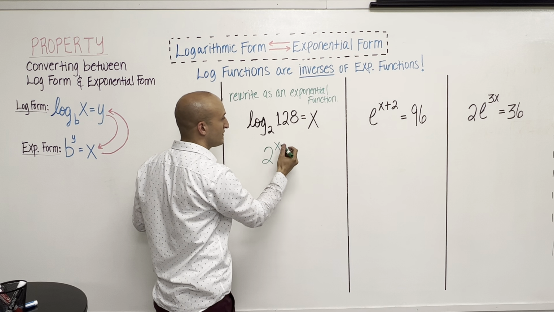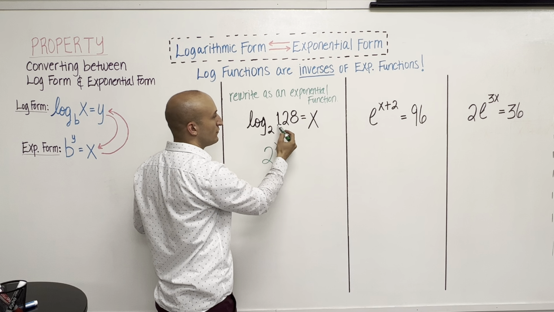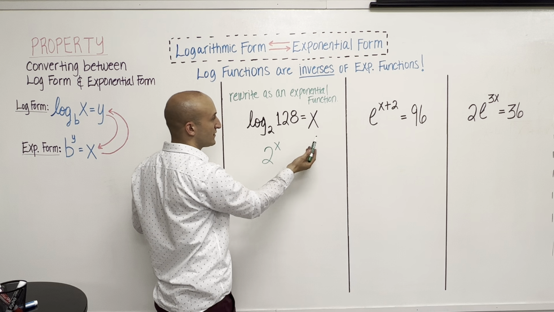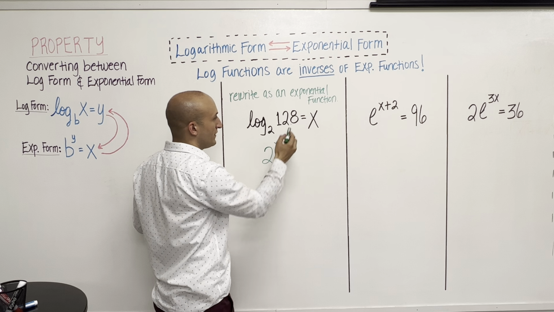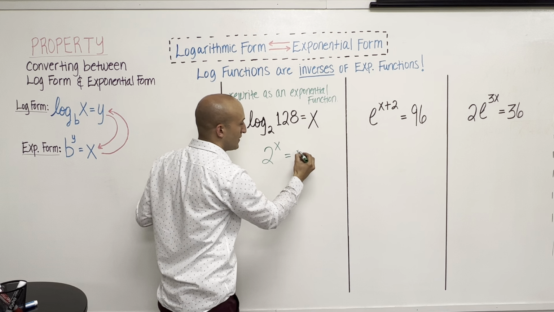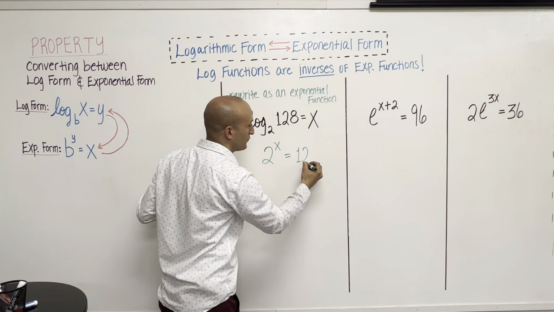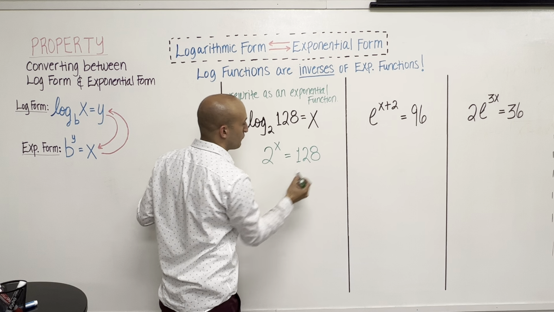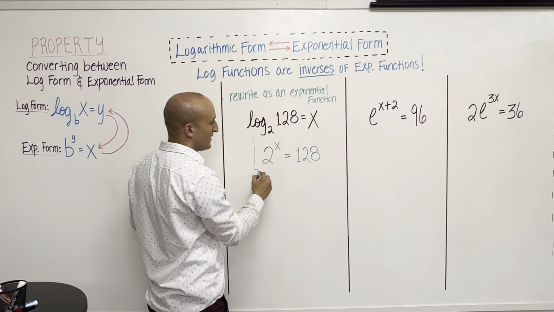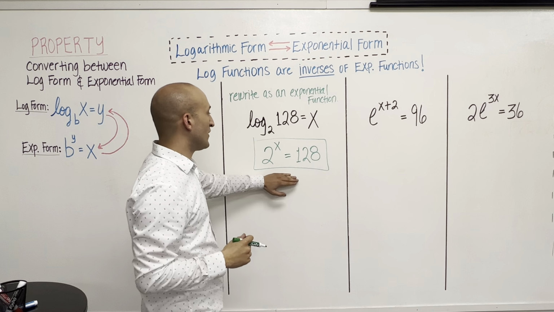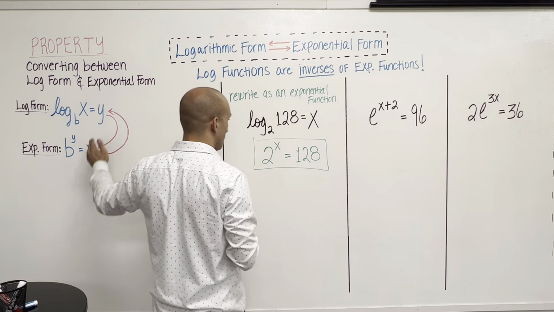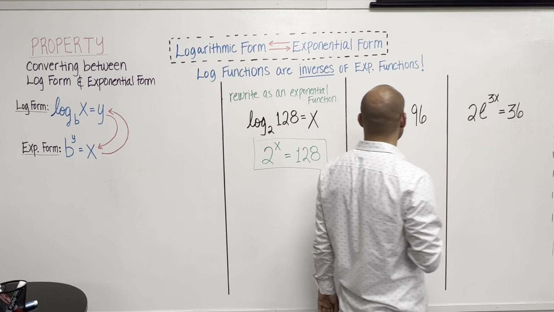In this case, the log base 2 of 128 is equal to x, so the x will be my exponent. Whatever I'm taking the log of, I set equal to that. And that is it. You can follow this if you look at this little section there.